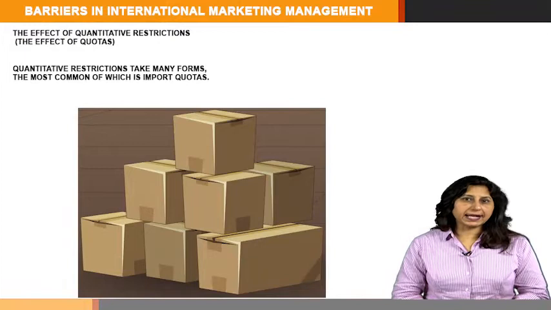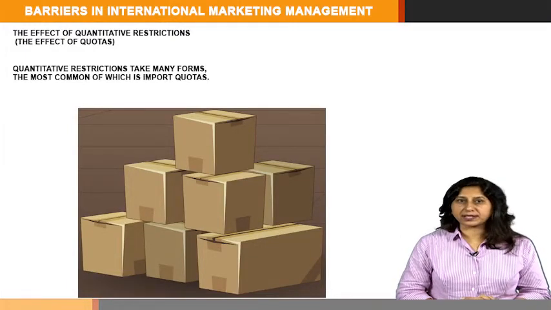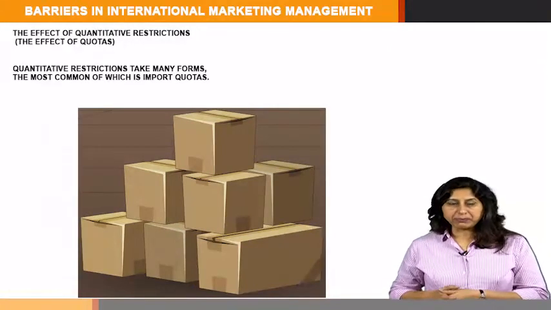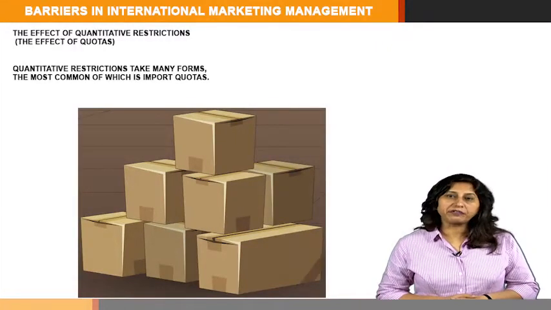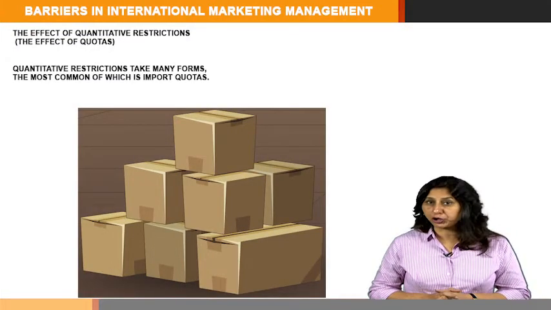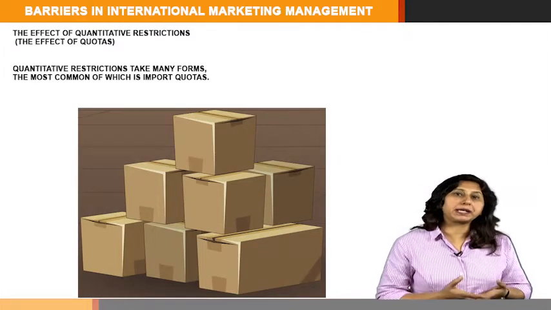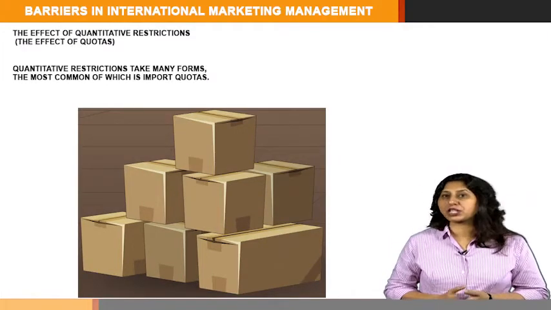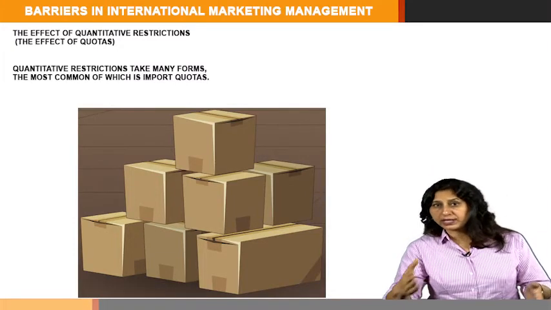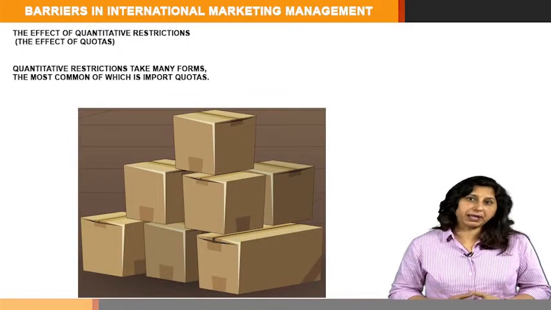Quantitative restrictions take many forms, the most common of which is import quotas. The effect of quotas is the same as that of import tariffs: a reduction in the amount of imported goods and higher domestic prices for those goods. Quotas differ from tariffs because the importing country's government gains no revenue from quotas, while importers to whom the quotas are allocated obtain excessive profits, or rents, from them.